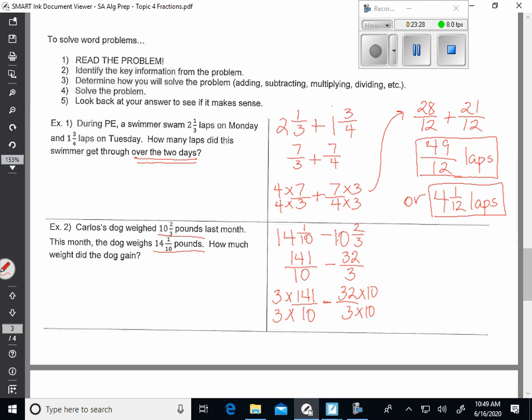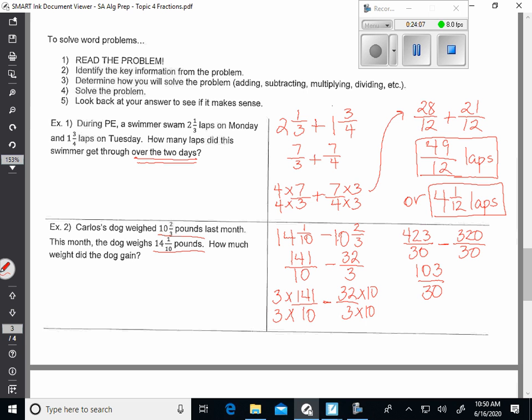So 3 times 141 is 423. And 3 times 10 is 30. 32 times 10 is 320. And 3 times 10 is 30. So now it's all set up and ready for us to go. The denominators are the same, so we keep the denominator. 423 minus 320 gives us 103.